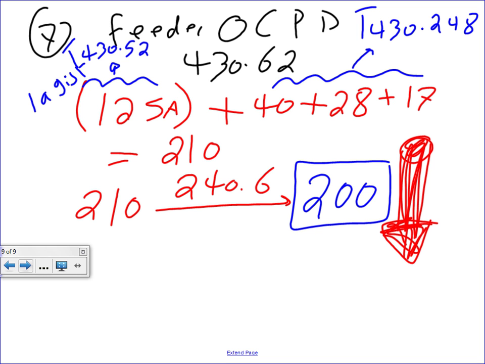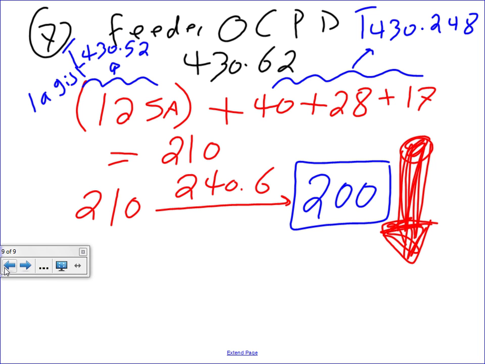After you do the math, you multiply it, and then you go to 240.6 and find the actual standard.